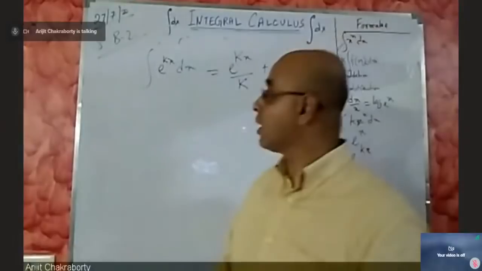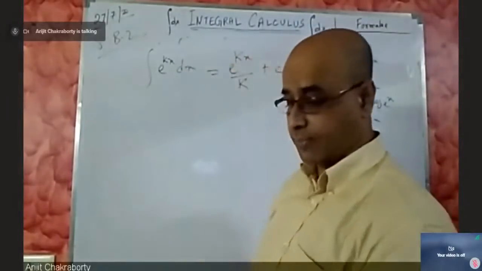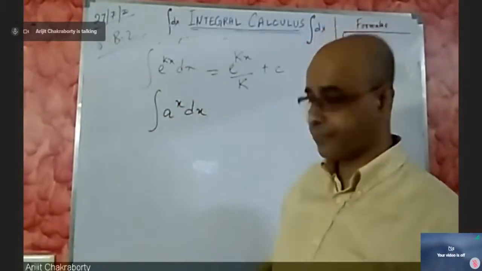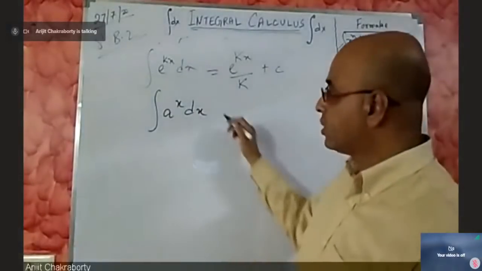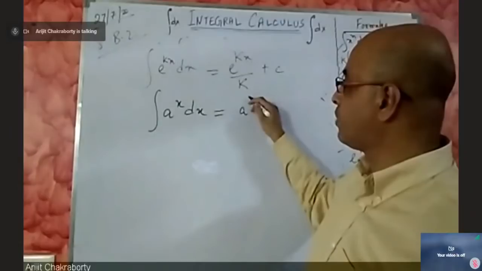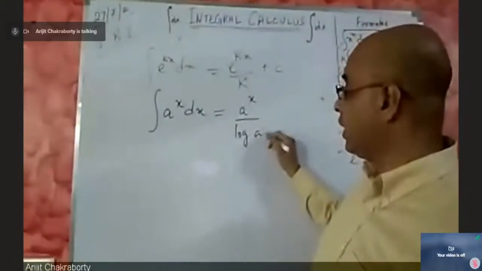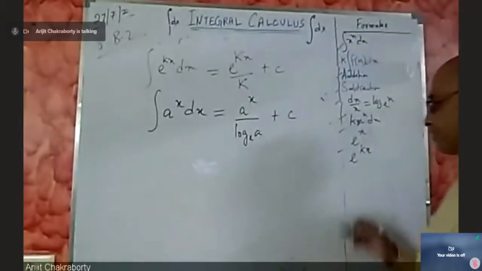Now we take the next important formula, and that is a to the power x. So we take the integral of a to the power x dx, where a is a constant. The formula is a to the power x by log of a to the base e plus the constant c.